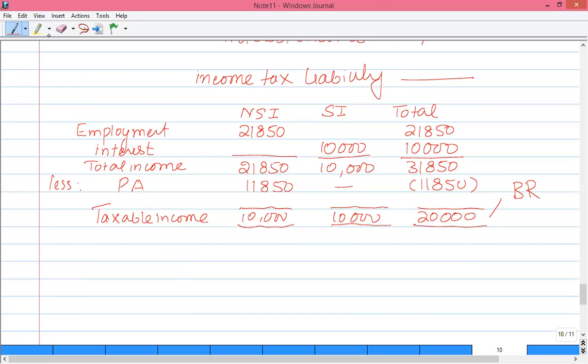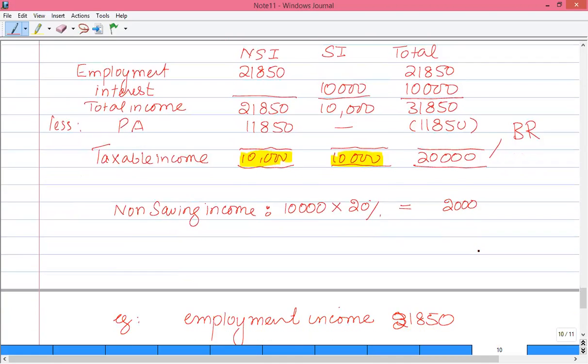So first of all, we'll apply a rate in this order, first on non-saving income and then on saving income. So our non-saving income is 10,000 and the basic rate is 20%. That means your income tax liability against this is 2,000.